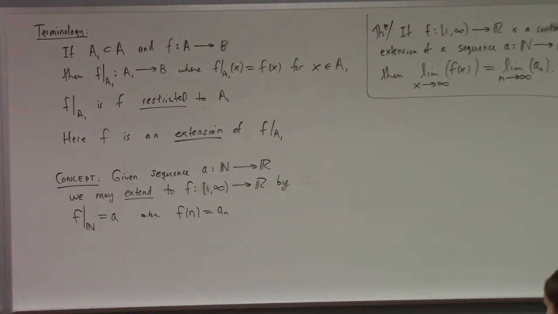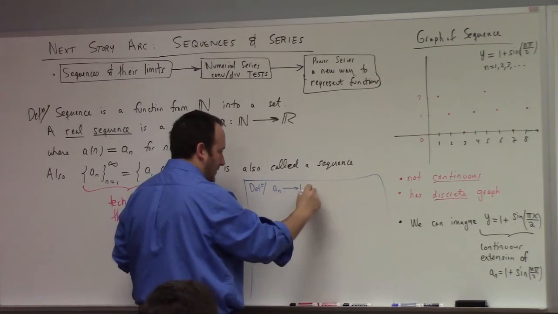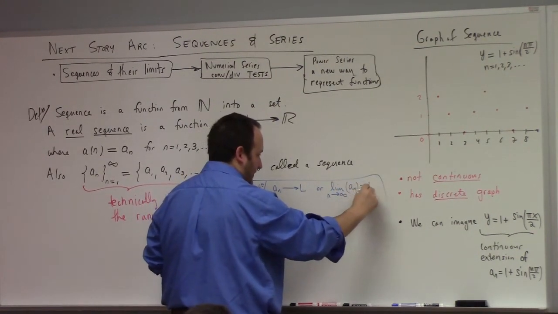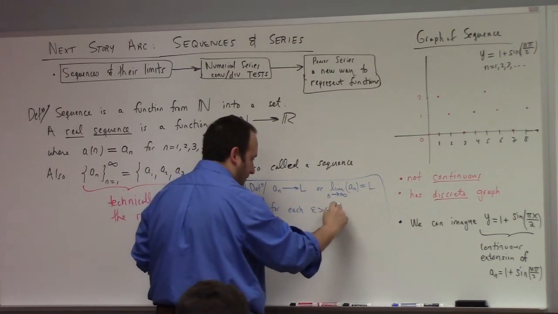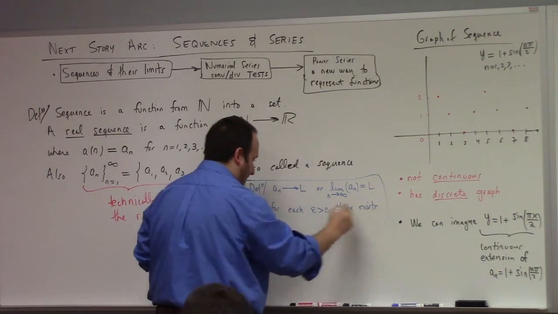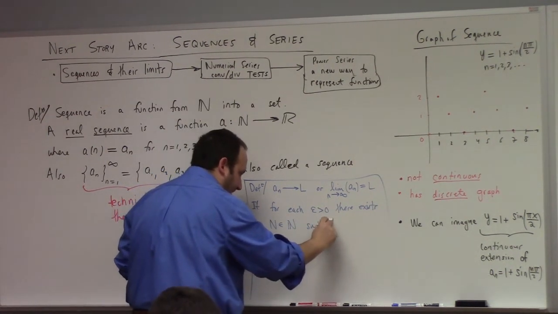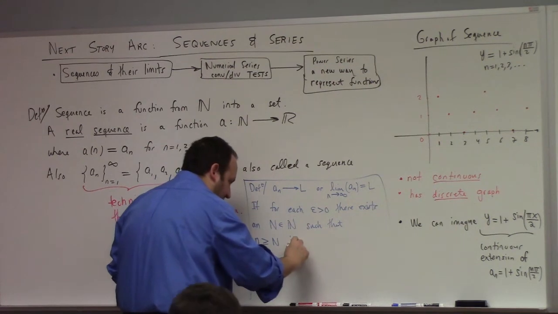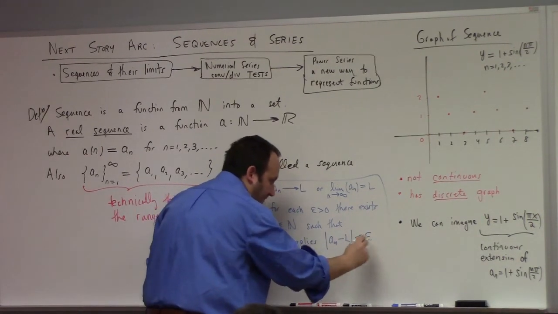I'll put the careful definition back over here for you. Definition: a sub n goes to L, or the limit as n goes to infinity of a sub n is equal to L, if for each epsilon greater than 0, there exists a big N in the natural numbers such that little n greater than or equal to big N implies the absolute value of a sub n minus L is less than epsilon.